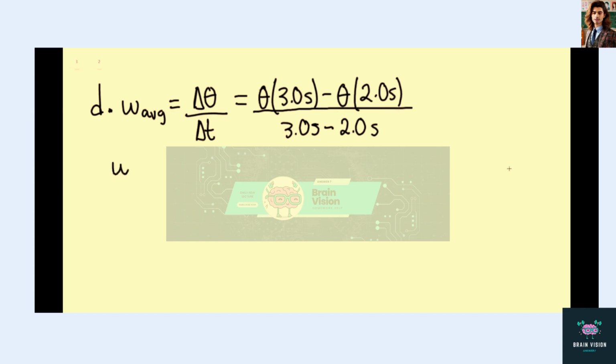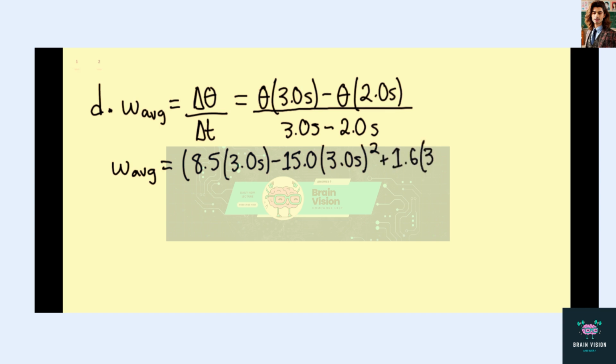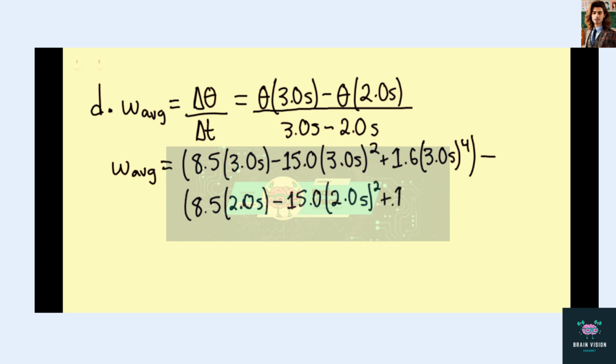So we can say that omega average, the average angular velocity, would be 8.5 times 3.0 seconds minus 15.0 times 3.0 seconds quantity squared plus 1.6 times 3.0 seconds quantity to the fourth power, close parentheses, minus, and then we'll just put it on a new line, 8.5 times 2.0 seconds minus 15.0 times 2.0 seconds quantity squared plus 1.6 times 2.0 seconds quantity to the fourth, close parentheses, and this would be divided by 1 second.